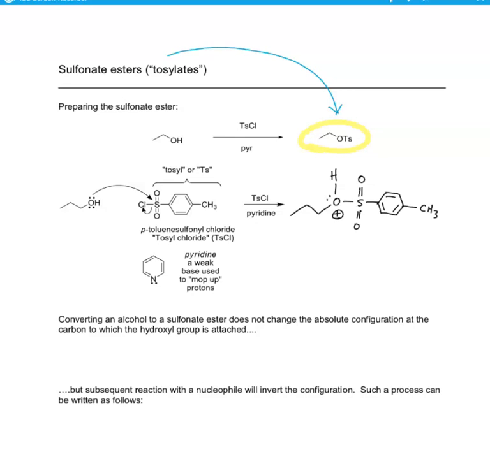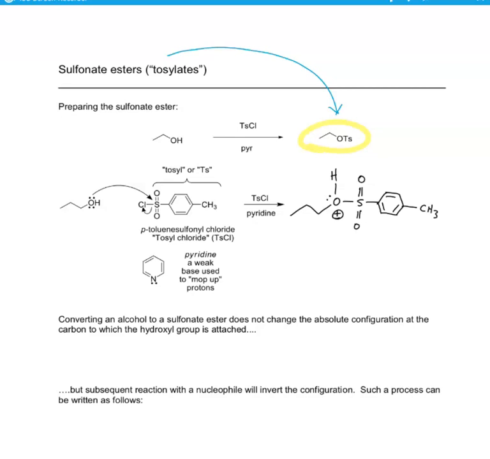Now this looks similar to things that you've seen before, where you have an oxygen connected to a carbon and some other stuff. The other thing, or what you saw previously, was that the oxygen had 2 protons attached to it and a positive charge. So, for example, when water attacks a carbocation, think of the intermediate there.